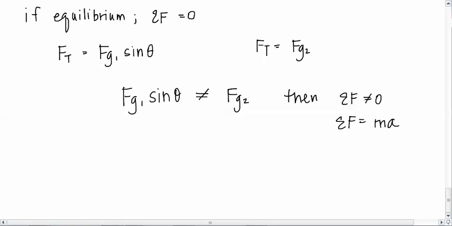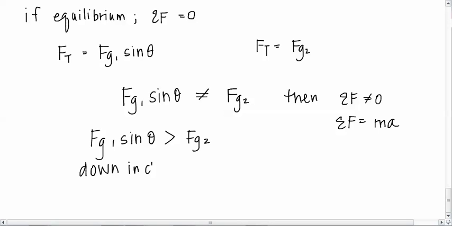So I can determine which way the objects are moving. If the gravitational component of the mass on the inclined plane is greater than the gravitational force on the hanging object, then M1 would slide down the inclined plane.